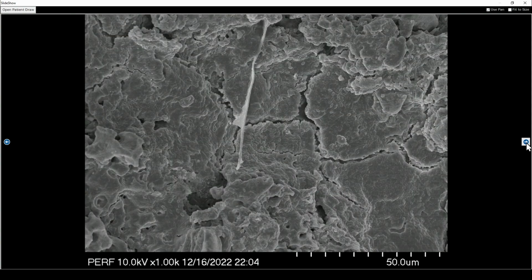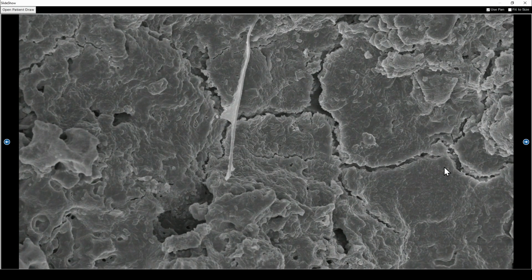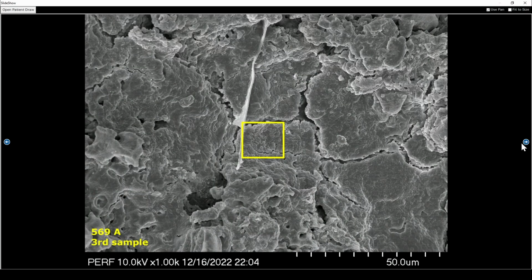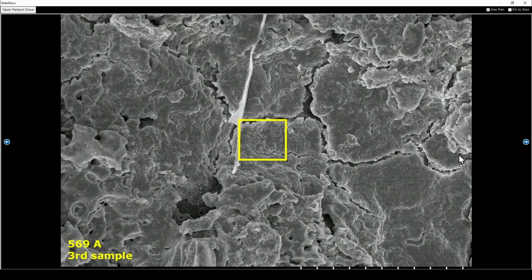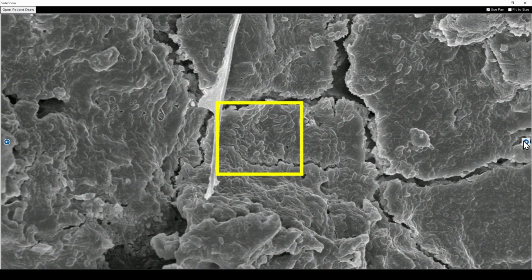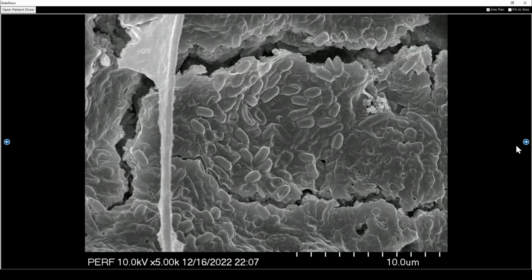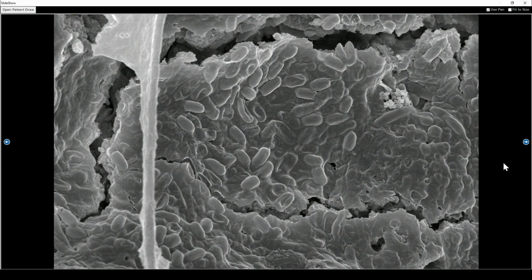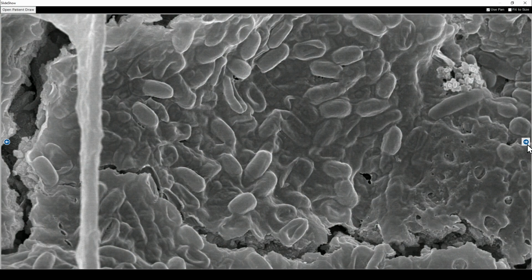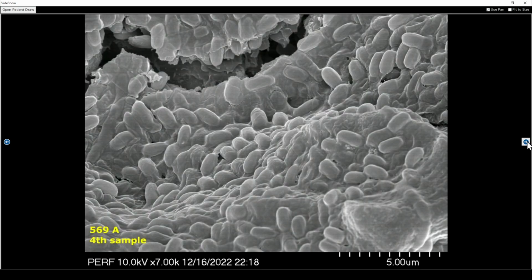Here's an area that just looks like a smear layer, but if you zoom in and look very carefully, you can see a classic biofilm signature of the bacteria embedded in this EPS. Again, it's unmistakable bacteria in a biofilm.